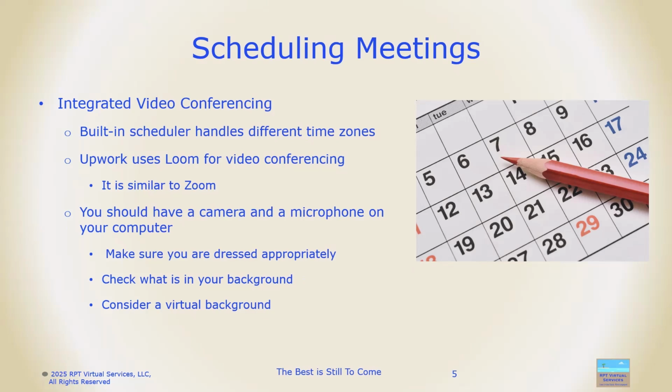If you're going to be working much online, you should always have a camera and microphone on your computer. So that means you should make sure you're dressed appropriately, check what's in your background. And for a lot of people, you may want to consider a virtual background, like what I have in most of my meetings.